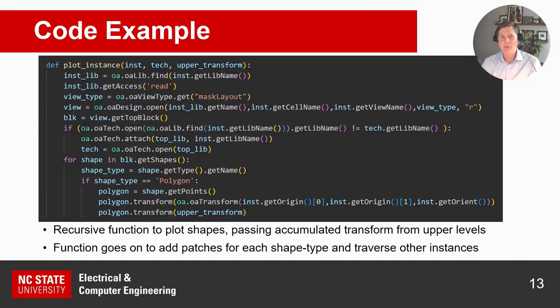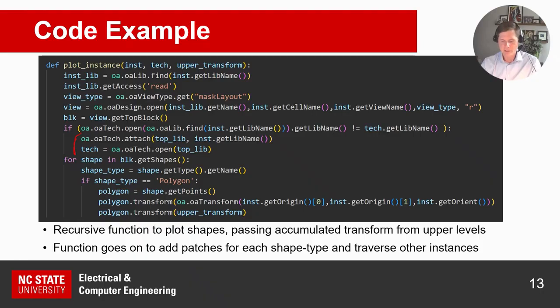So here's some example code to illustrate ZU's recursive routine for plotting an instance. He passes the current instance along with the current technology and the combined transform for all higher levels of hierarchy. And then he opens the block for the current layout. Then he checks the technology of the current instance to see if it's different from the technology that's currently being processed, and if so, then it attaches the top level library to the instance's technology.